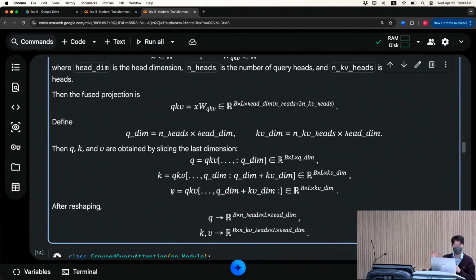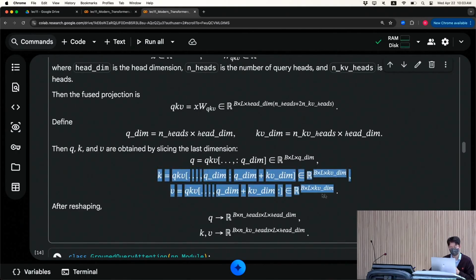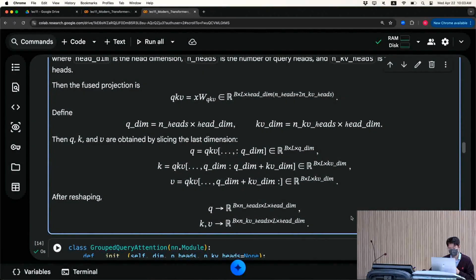So we take out the first Q dimensions, that's going to be Q here, and rest of them is going to be same dimensions. So they take up equal space. So we split the rest of them by half. That's first half is key, second half is value. Okay, so after that, we're going to reshape the output.